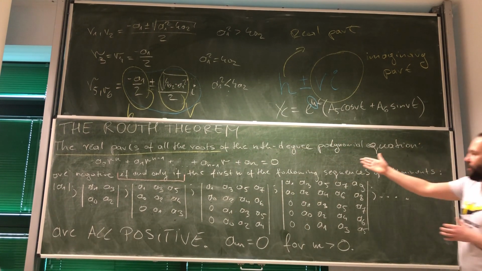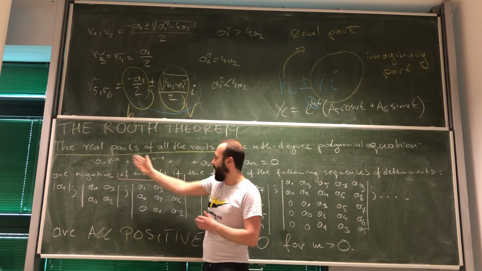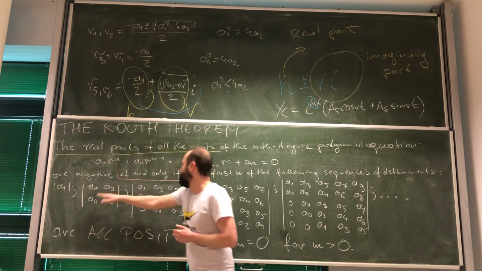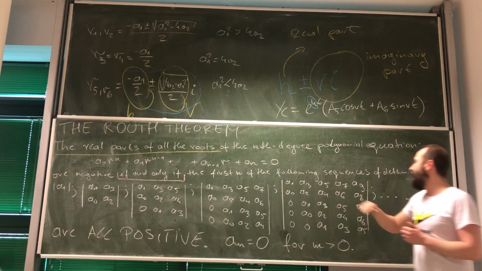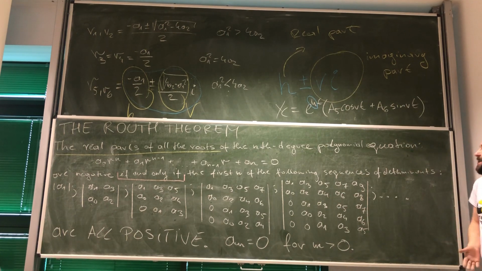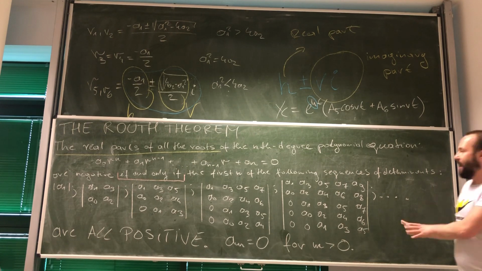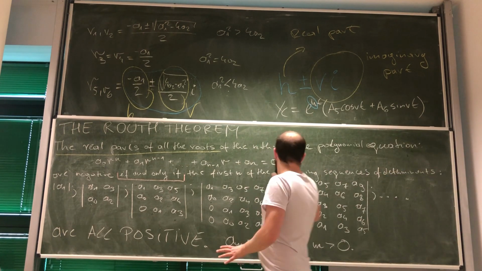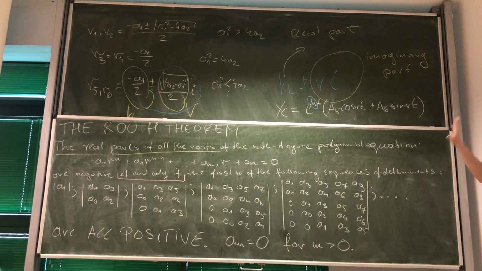Look, if degree of the polynomial would be 5, we would need 1, 2, 3, 4, 5 determinants. If degree would be 9, we would need 9. And finally, the sequence of determinants are all positive.